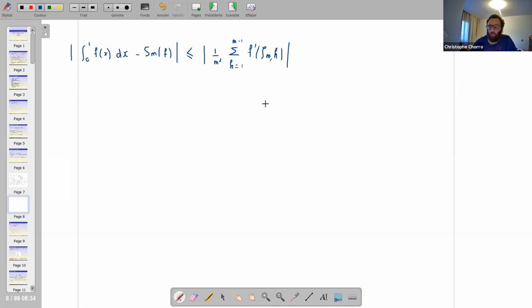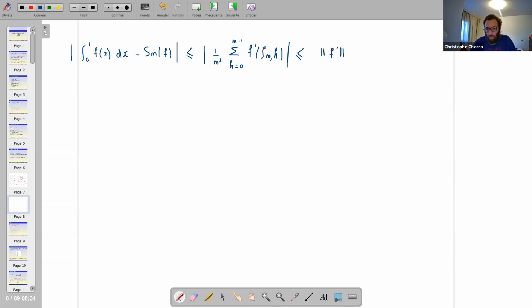Keep in mind that I have supposed small f to be of class C1, meaning that f prime is continuous on the compact interval 0, 1, and so f prime is bounded on this interval. So I can write this as 1 over n squared multiplied by the number of terms in the sum, that is n, multiplied by the infinite norm of f prime.